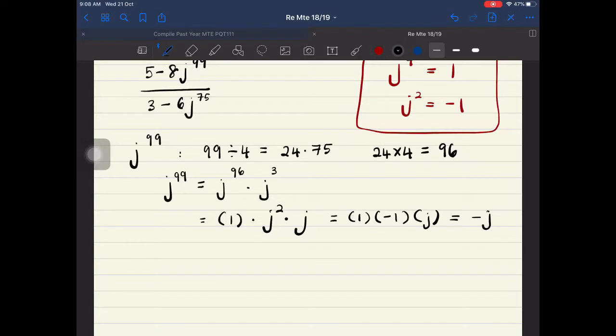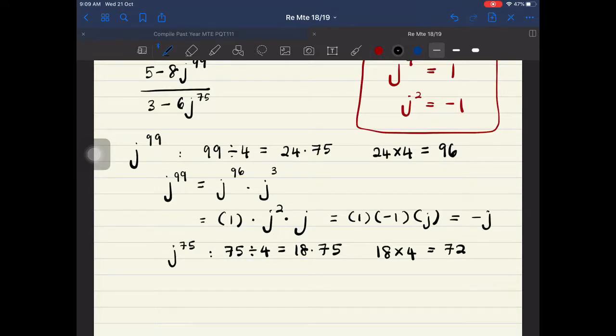Okay, so now let us proceed with j to the power of 75. Again, 75 divided by 4 gives you 18.75. So the nearest integer is 18, and if you take 18 multiplied by 4, you will have 72.